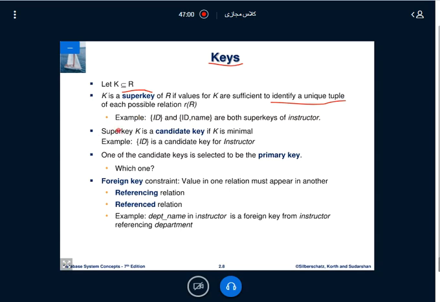For example, ID is a super key, or ID and name can also be a super key.